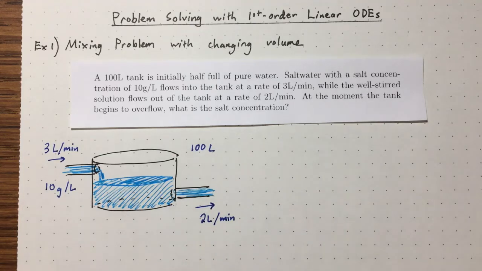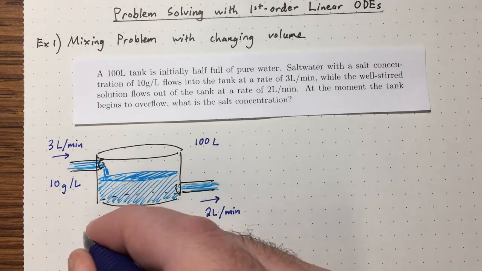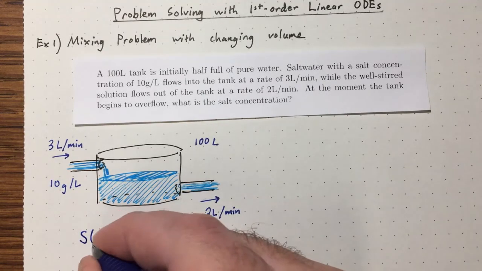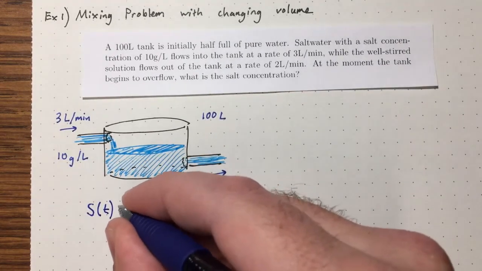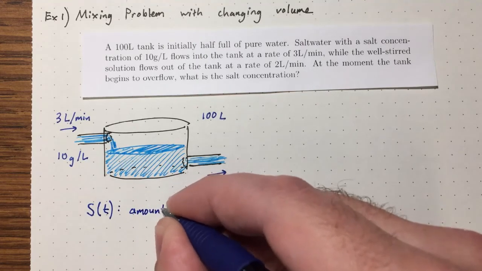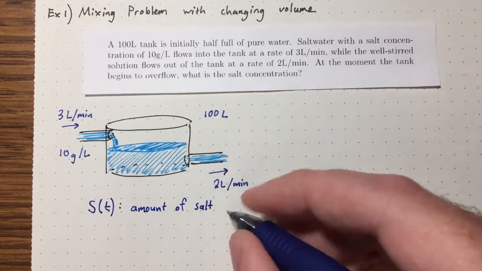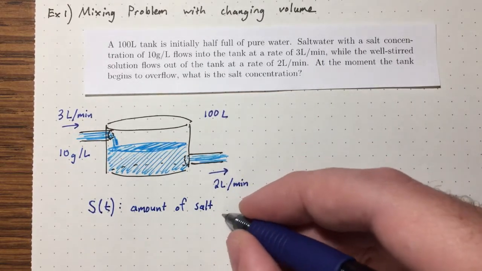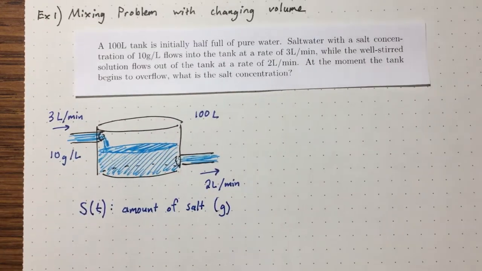Let's start by defining our variables. So we'll say S of t is going to represent the amount of salt in the tank in grams. So we're in grams per liter here.